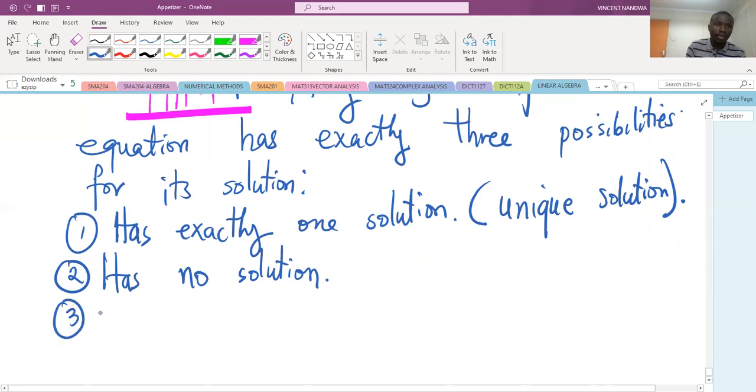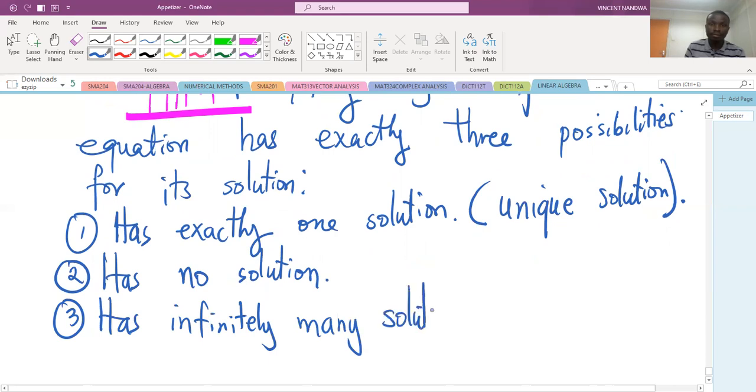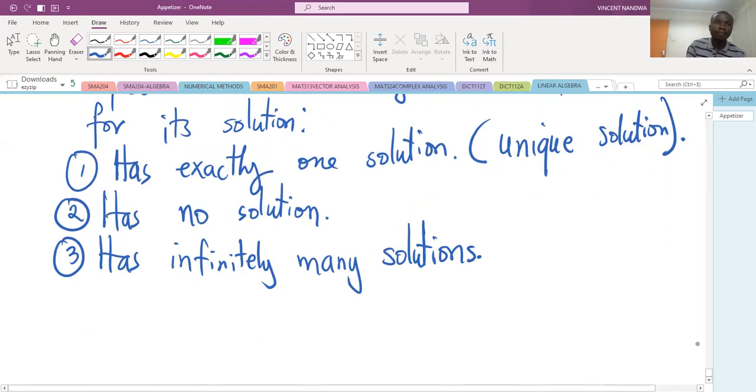And number three, it has infinitely many solutions. So these are the possibilities: exactly one solution, called the unique solution, no solution at all, and then infinitely many solutions.